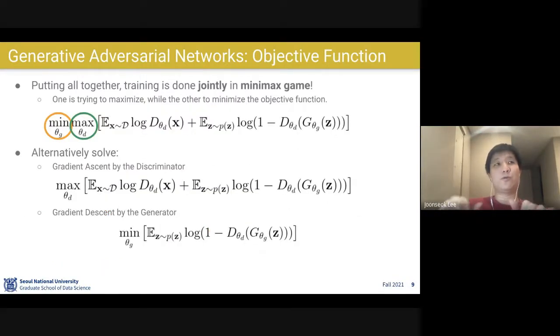So combining these two formulas, we can actually write like this. These two are what we've seen in the previous slides. This is the objective function for the discriminator, and this is for the generator. So the discriminator wants to maximize this by optimizing its own parameter, theta d, while the generator wants to minimize this as much as possible by optimizing its theta g, right?